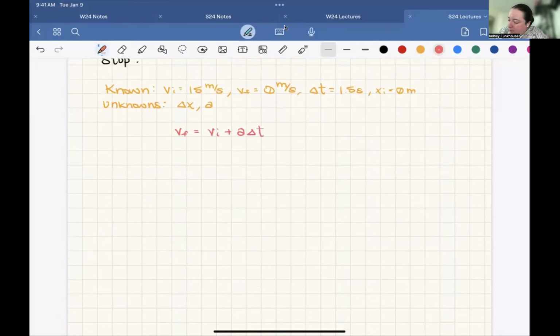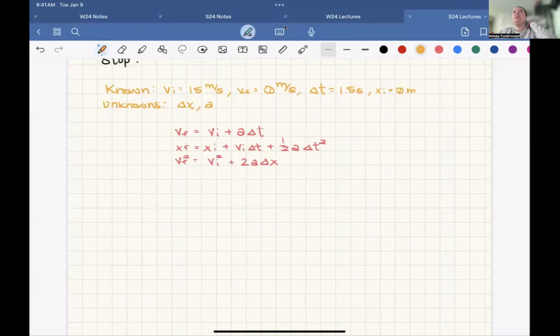Then we have our long kinematics equation, where the final position equals the initial position plus the initial velocity times the time interval plus 1/2 the acceleration times the time interval squared. And finally, we have the final velocity squared equals the initial velocity squared plus 2 times the acceleration times the displacement.